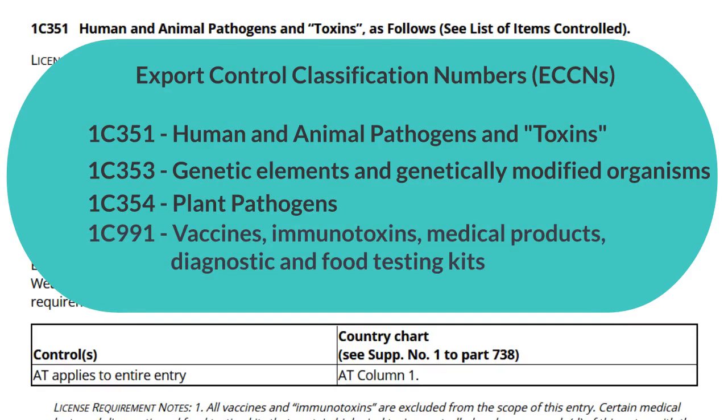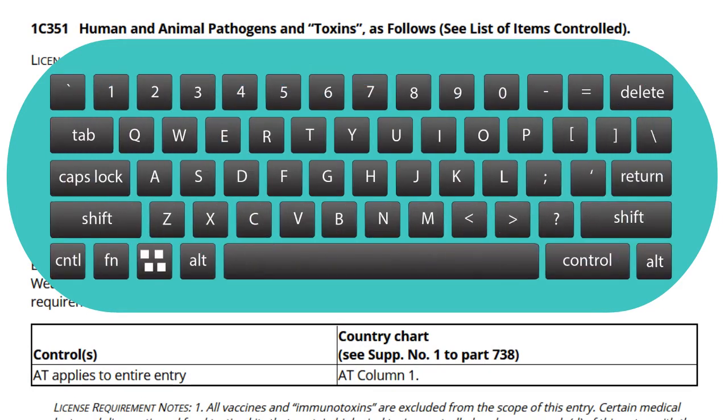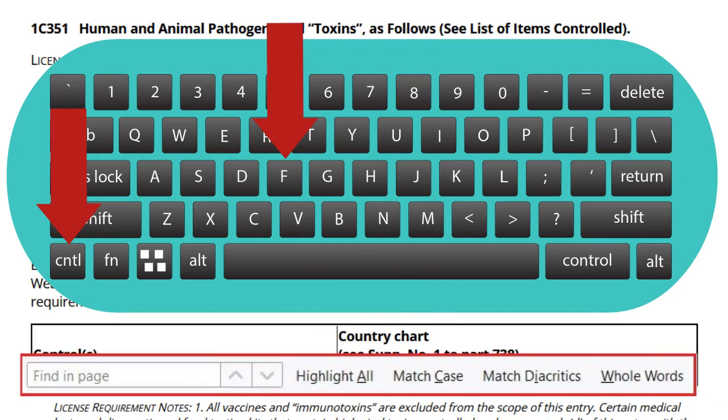Also, regarding ECCN 1C353 genetic elements and genetically modified organisms, this ECCN is only applicable to pathogens listed in ECCNs 1C351 and 1C354. The CCL on the BIS website is keyword searchable by clicking Ctrl and F on your keyboard for the Find box to appear on the screen.